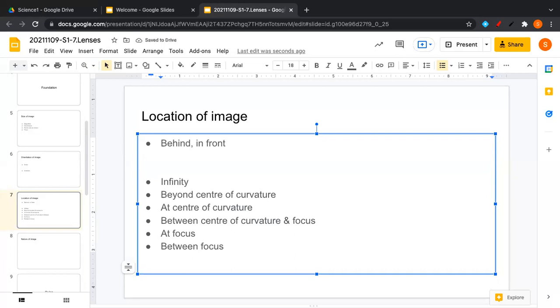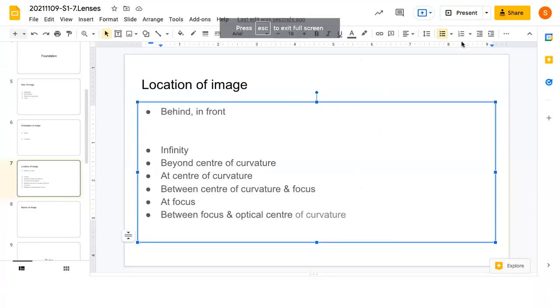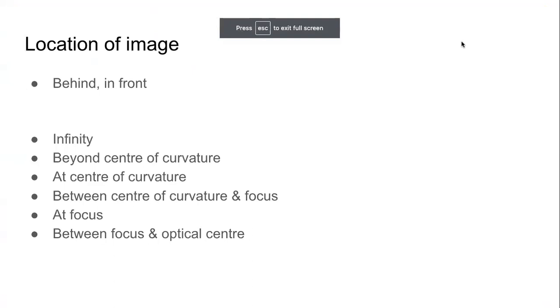But here we are not talking about mirror. So between focus and optical center, or between focus and the lens. कितना हुआ? 1, 2, 3, 4, 5, 6. Remember, we saw tables summarizing the formation of the image for concave mirror, and it had 6 different rows. These are the 6 different rows. So we need to know these locations also. These are the terms that we will use.